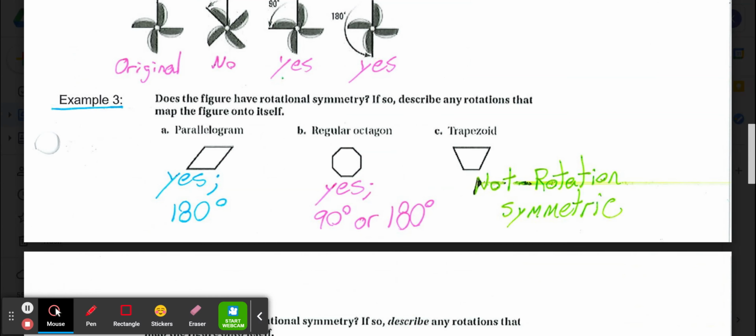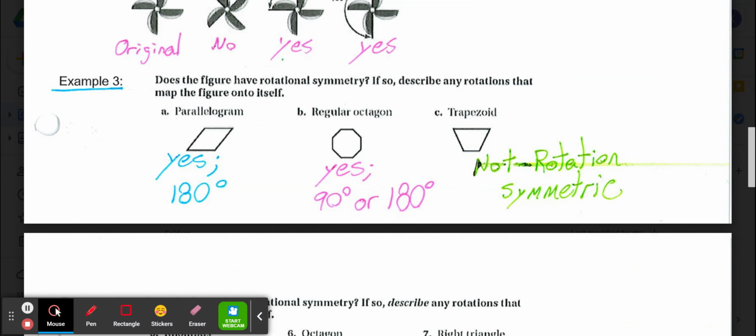Example 3: does the figure have rotational symmetry? If so, describe any rotations that map the figure onto itself. For this parallelogram, we know top and bottom are congruent to each other, and left and right are, but not all four are the same, otherwise it'd be a rhombus. This parallelogram does have rotational symmetry. If we spin it 180 degrees, it gives us the exact same figure.